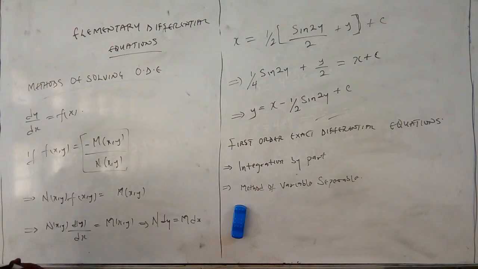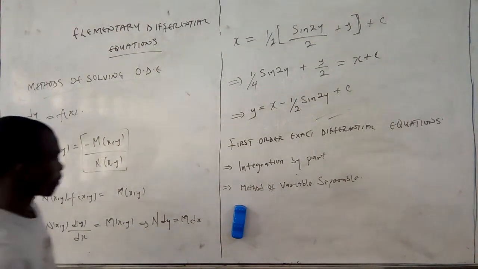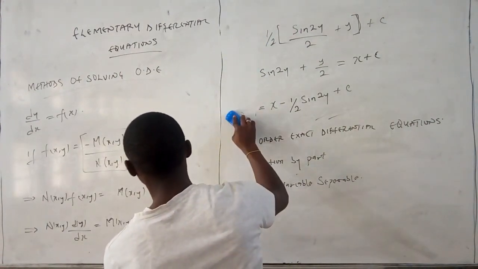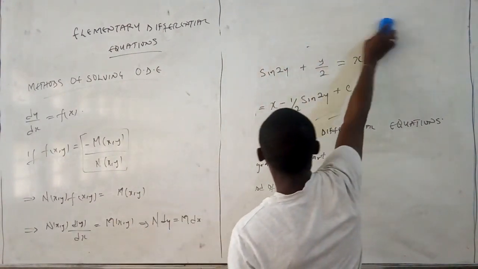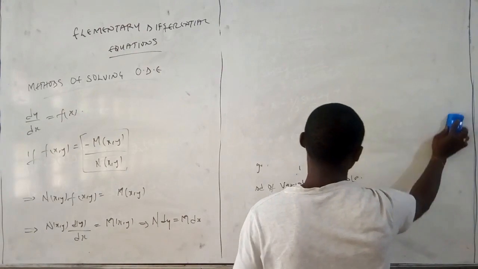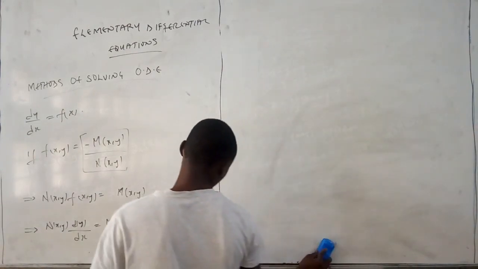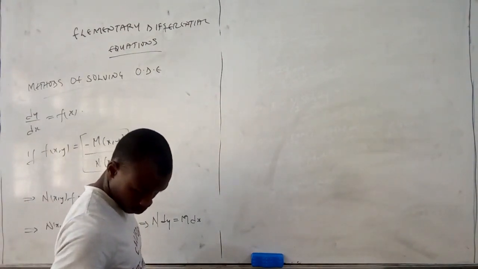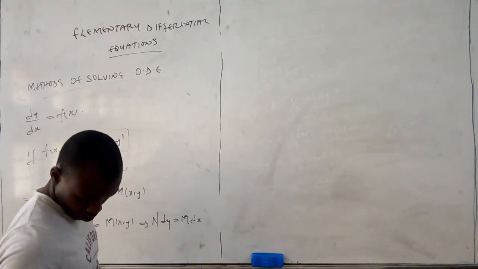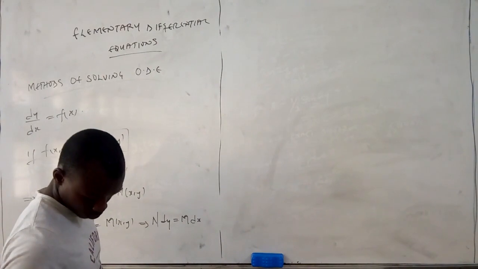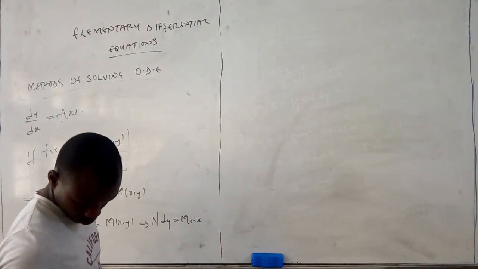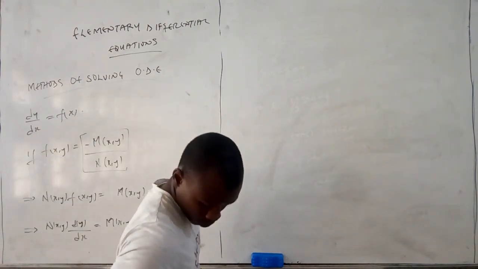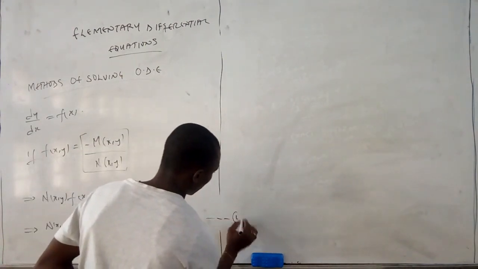So from here, we move on to integration, because our aim is to eliminate any constant, and both M and N are our constants here. So we take this as, let's say, equation 1.